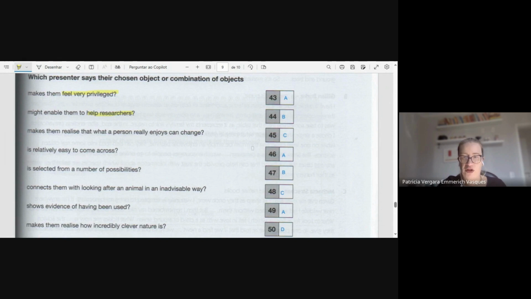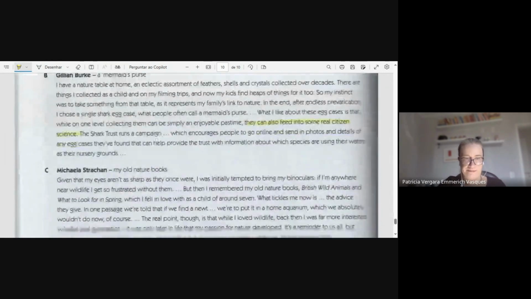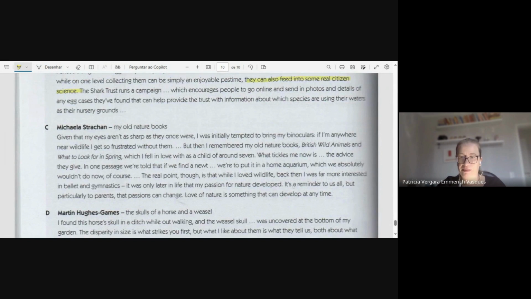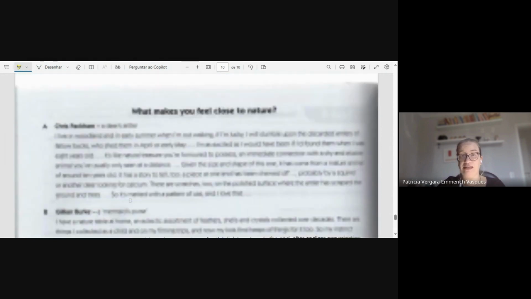Then 45 makes them realize that what a person really enjoys can change, or something that can change what a person enjoys. So this is letter C because it's here. It's a reminder to us all, but particularly to parents, that passions can change. Yeah, this is almost the same thing they are asking here.